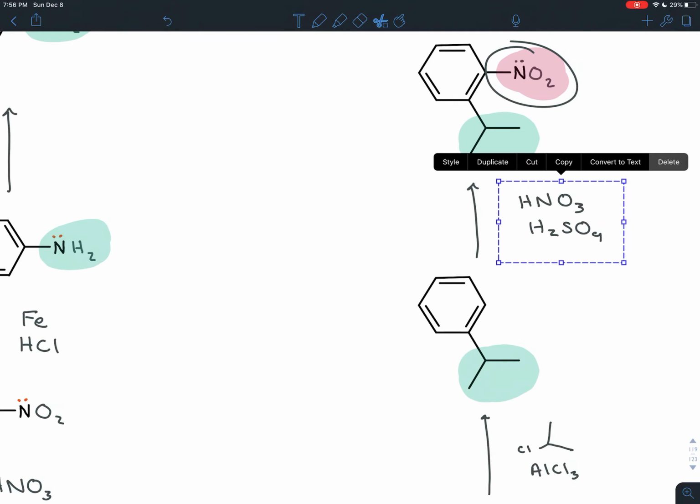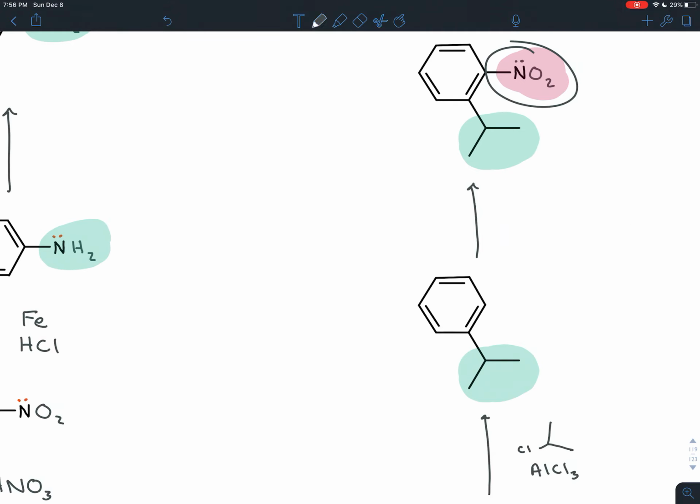So before we do that, we can persuade the nitro group to add to the ortho position by doing a sulfonation. This is a sort of clever step. You can add an SO3H group as a blocking group.